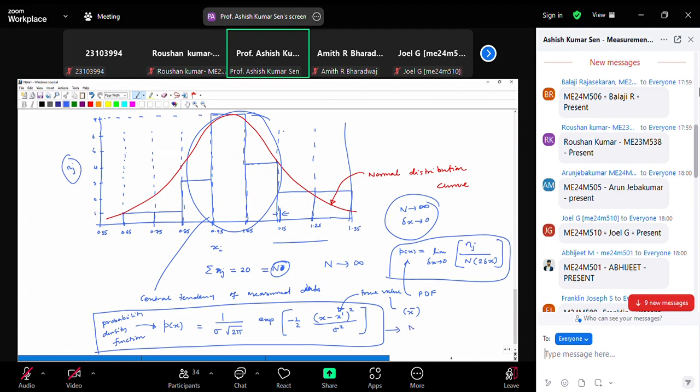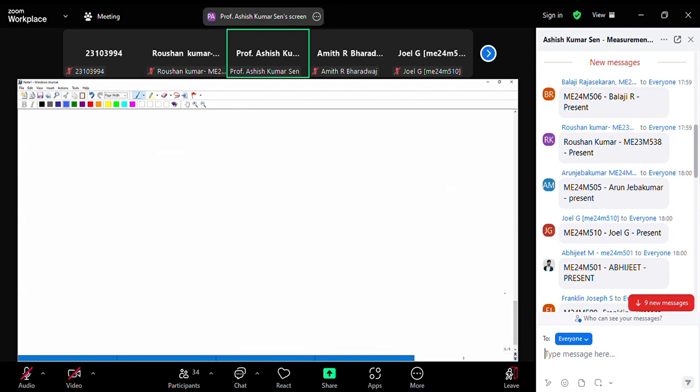So this is the normal distribution. You will see that the curve looks like this, which I have already shown you from the histogram.